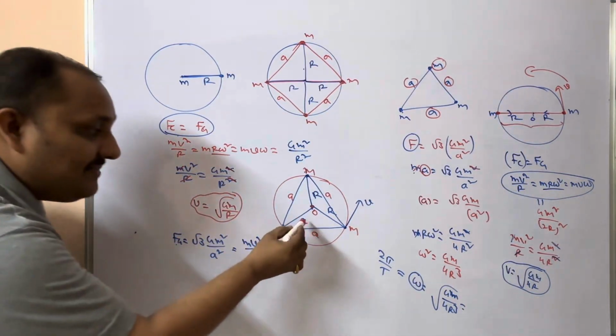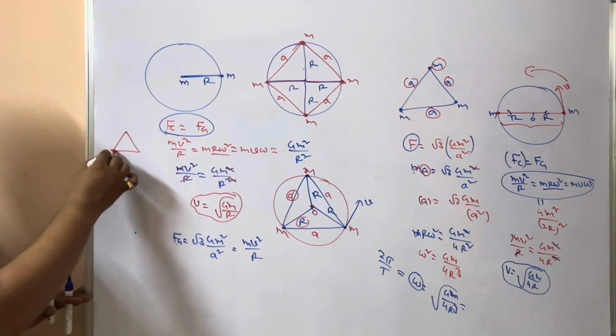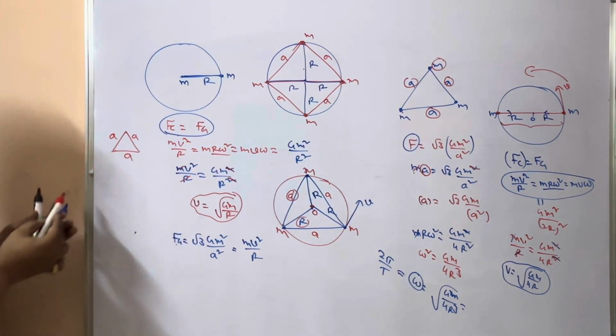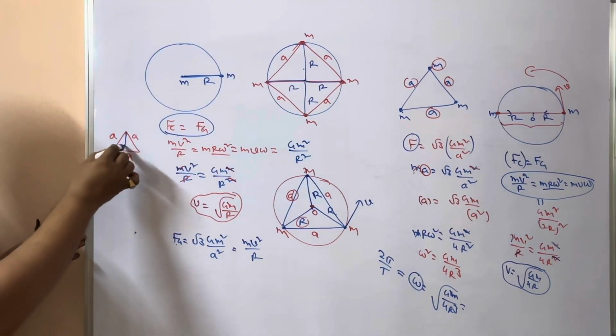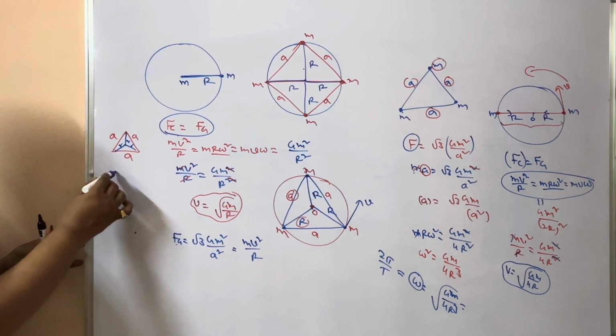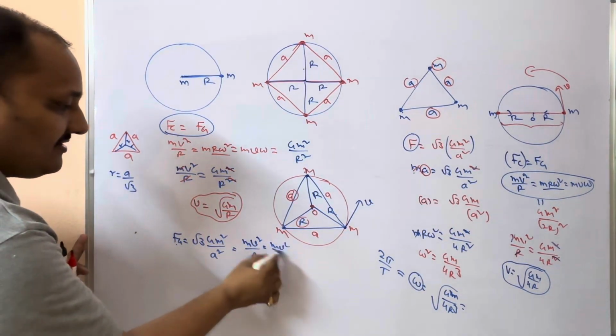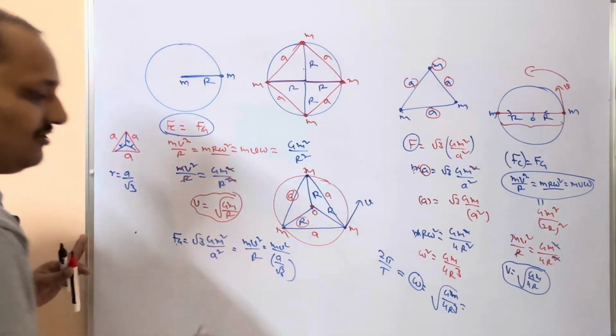Now you should get the relation between capital R and a. Already we have given: for a triangle, from the center, the small r we said, here it is going to be capital R. What is the small r we said? A by root 3. So here you have to write mv square by a by root 3.